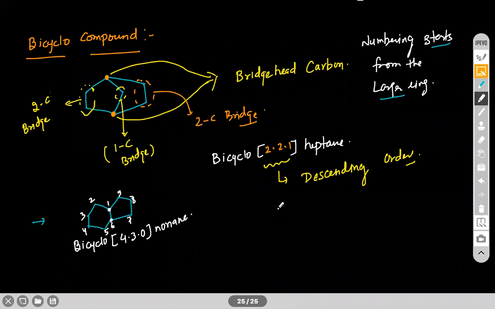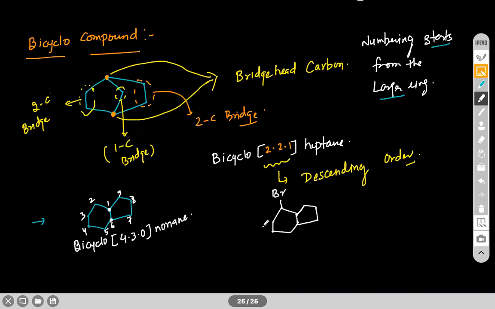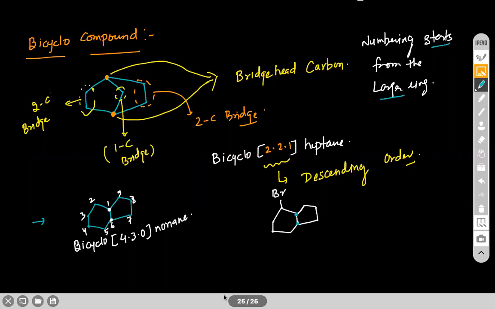We'll see this example also. Okay. This is the carbon attached to the bridgehead carbon.